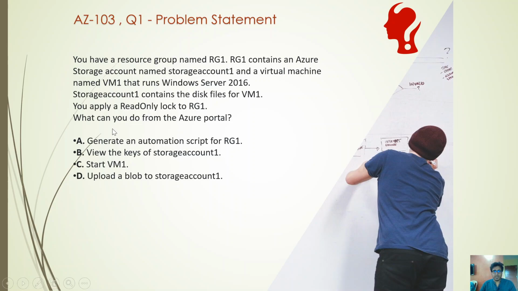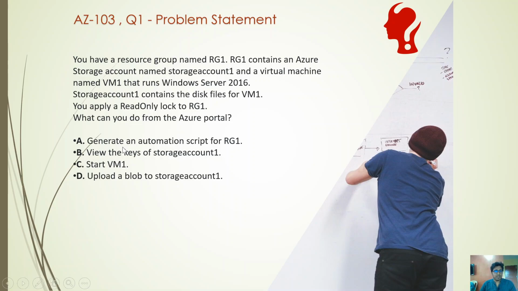Now here is where it gets interesting. When you see generate an automation script, the word generate makes it seem that you are doing some modification also, right? So mostly you will think that A is a modification action, meaning if there is a read-only lock, I will not be able to do it. And when you are saying view the keys, view seems like read-only, view is read. So this B is something I can do.